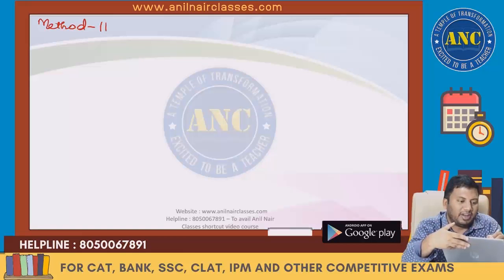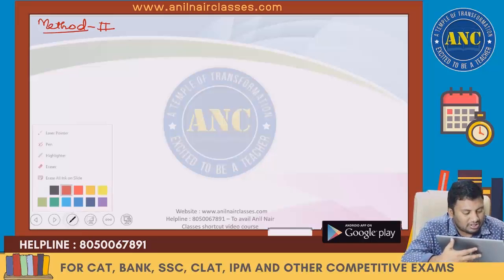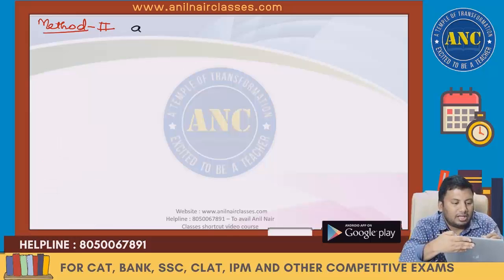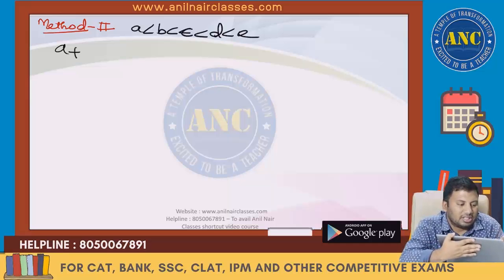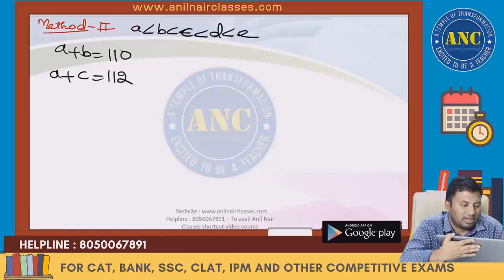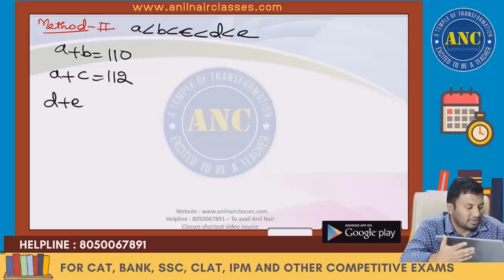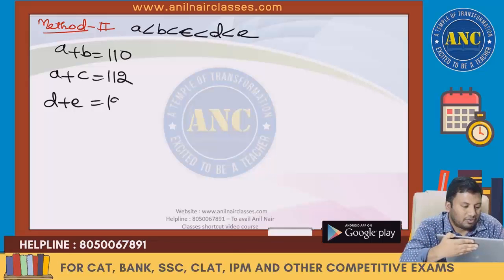There are 5 distinct weights. So, the distinct weights I will call A less than B less than C less than D less than E. Lowest is A plus B is 110. Next it is A plus C is 112. D plus E is 121.